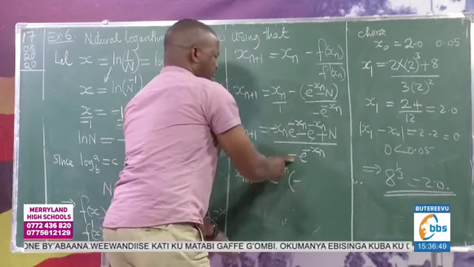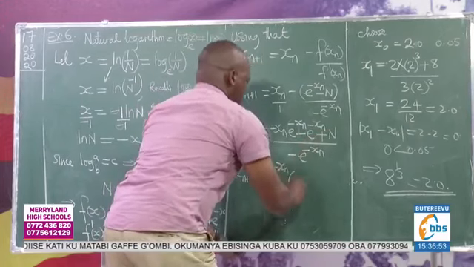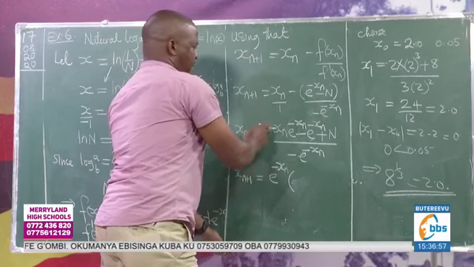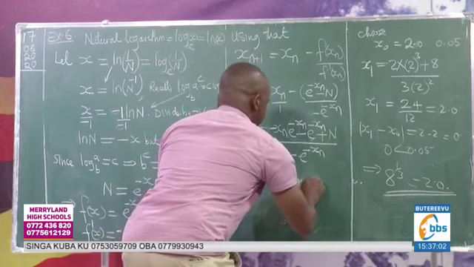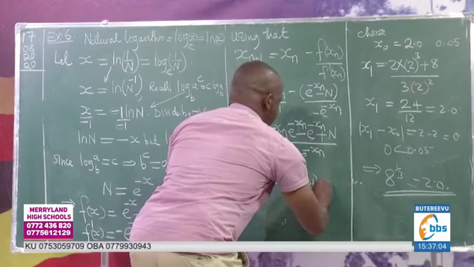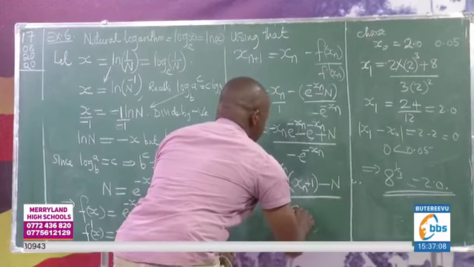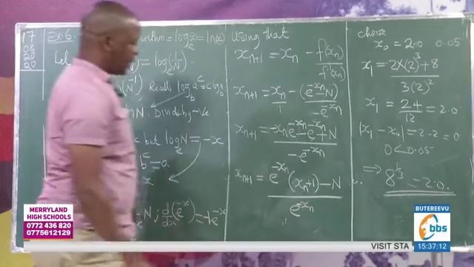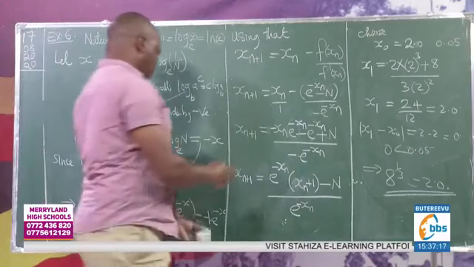This negative, when it enters up here, everything will be positive except this. So this negative would cancel with this, and make that positive. So we can say we have x n plus 1 equals x n minus n over e to the negative x n. That can work now as our final expression.